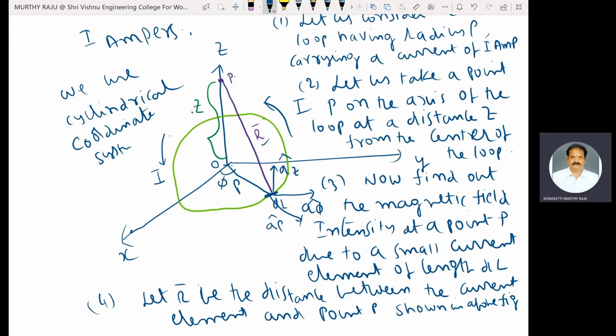Now I will concentrate on finding dl and the r vector by using the cylindrical coordinate system.